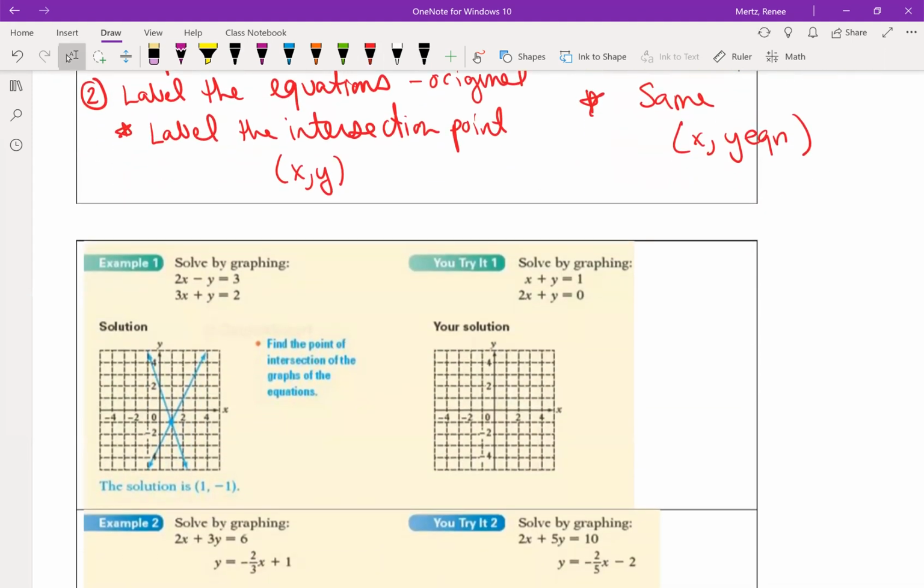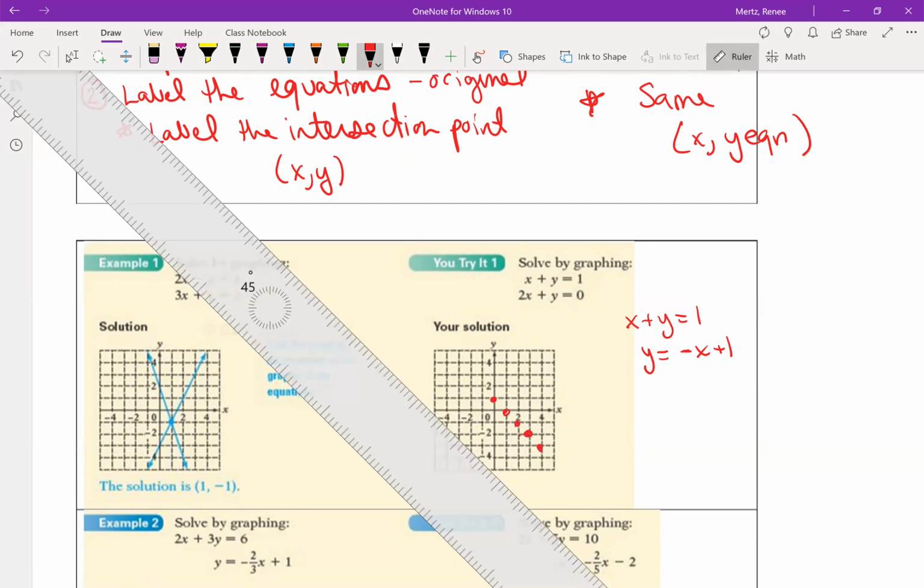All right, so we're going to solve this one by graphing. The first thing I want to do is get them into y equals mx plus b. So x plus y equals 1. The nice thing about doing this on your Surface is that you can change it and do color coding very easily. So I begin at 1. My slope is down 1 over 1. Use my ruler.